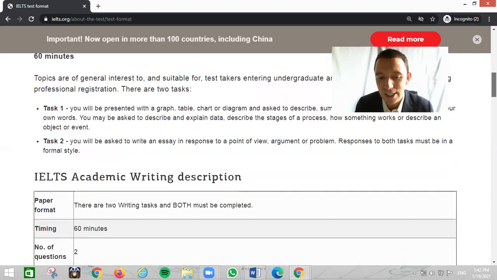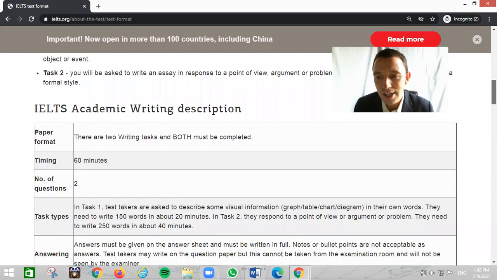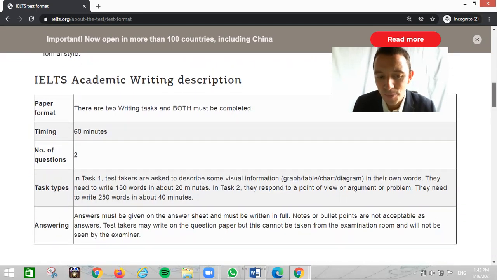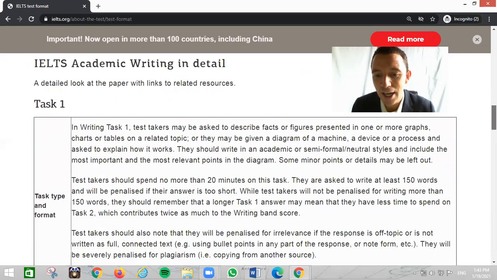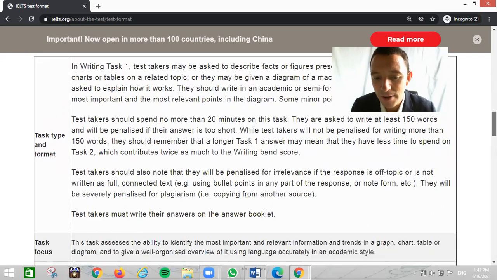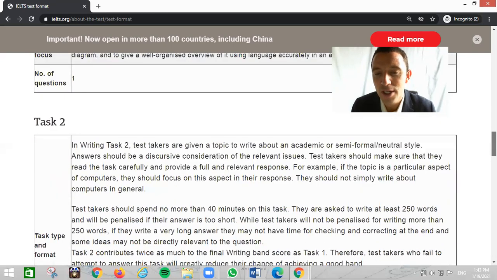Okay, and in the next section they explain 60 minutes and 2 questions. It's necessary to complete task 1 and it's also necessary to complete task 2. And it's the same explanation, and here is more detail about task 1 if you want to read it yourself to prepare, and the same for task 2, the advice in particular or the detailed explanation about the essay.